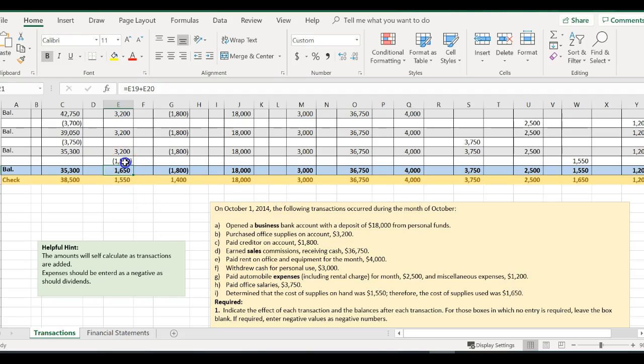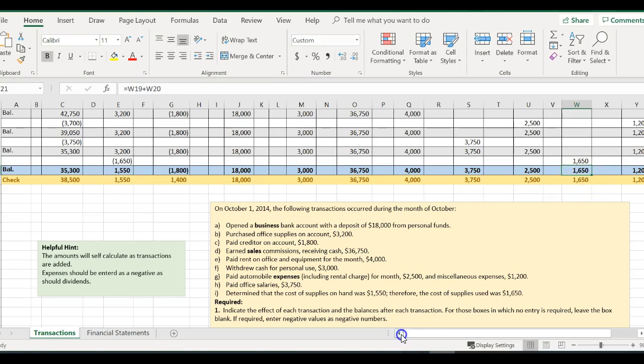So this should be 16. We had 16,000, we had 15,500 left. So that means we used 16,500. So this is 1,650. Getting thousands and 100s mixed up.